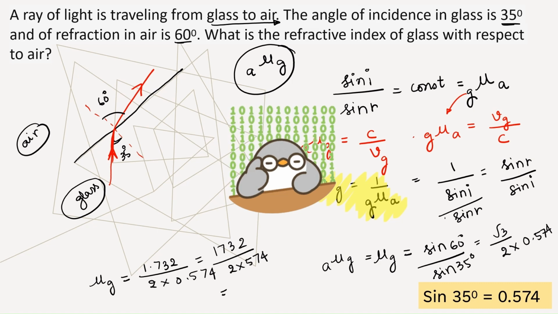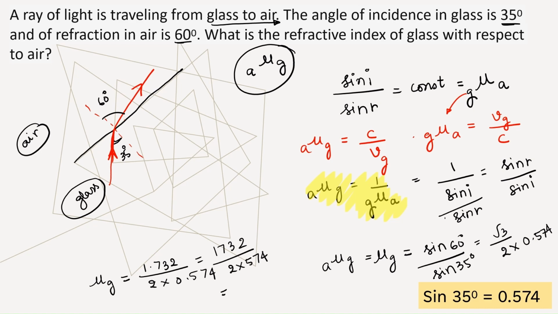I am leaving it to you. And this value is approximately going to be 1.5. So what is the refractive index of glass? Refractive index of glass mu g is approximately 1.5.